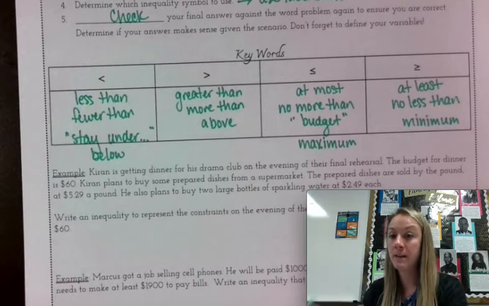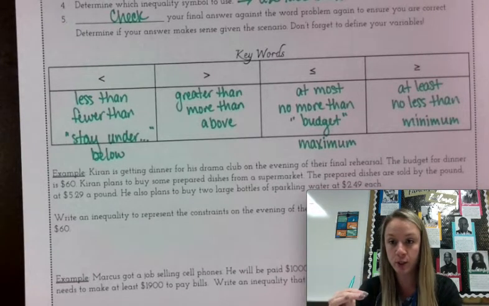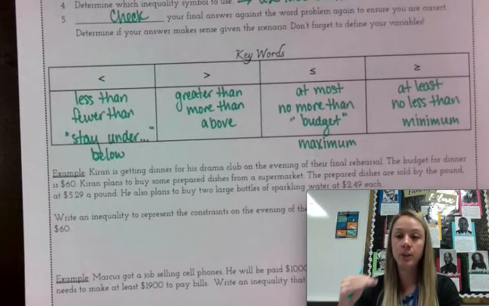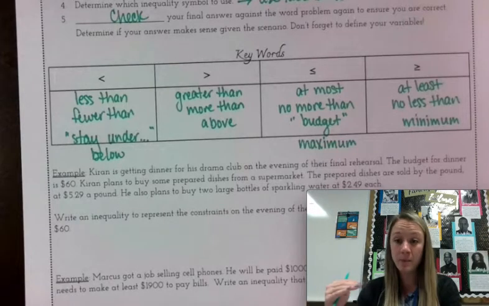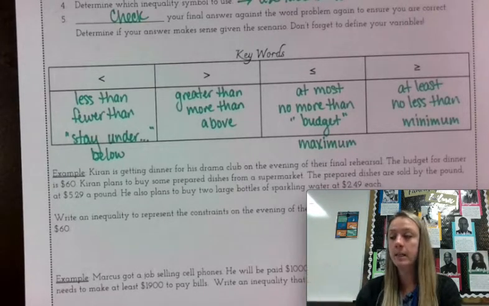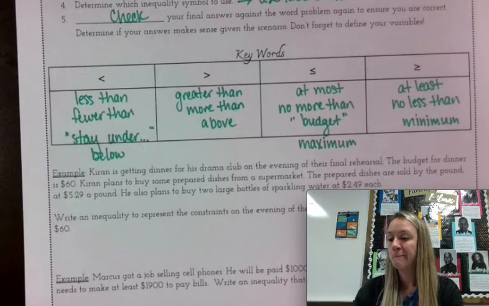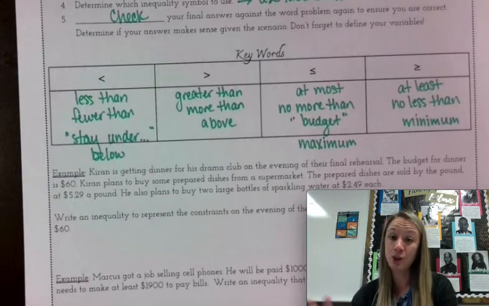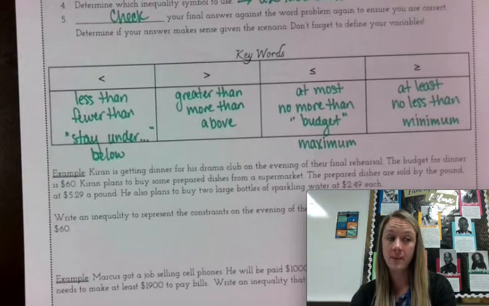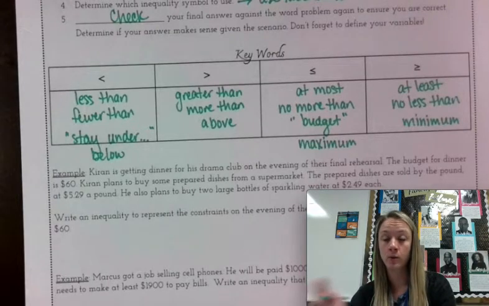So there is a minimum height requirement of 42 inches, which means you have to be 42 inches or taller. So greater than or equal to 42 inches, because if you're too short, they won't let you on. So the minimum height requirement is that height. So it has to be taller than that or exactly that. If I say I want at least 2 dogs, that means I could have 2 dogs or more, so greater than or equal to 2.